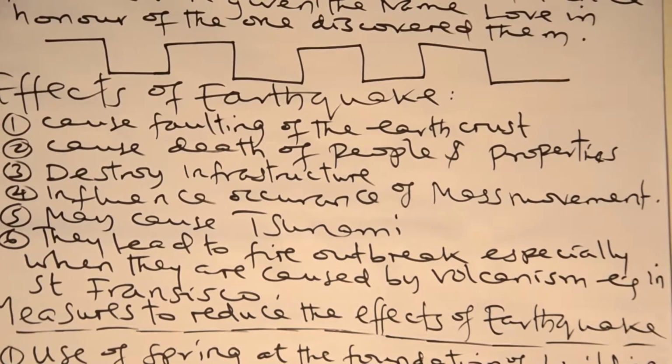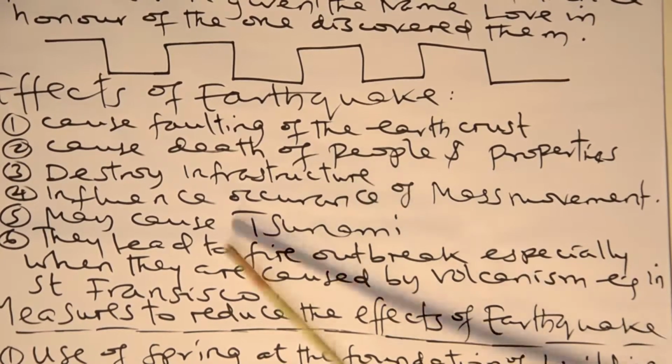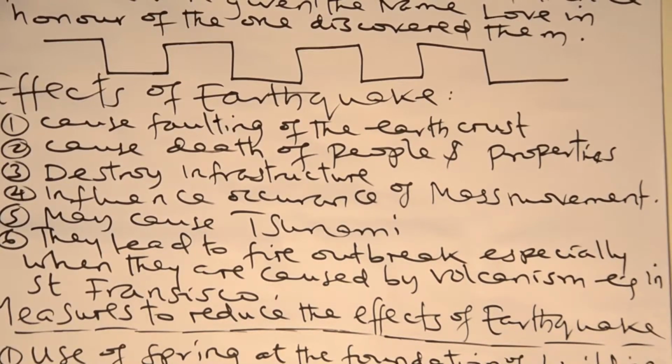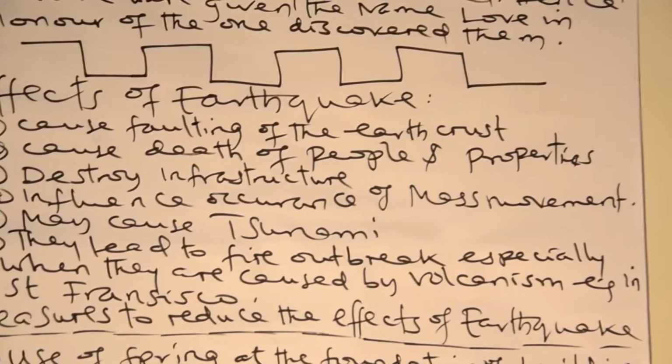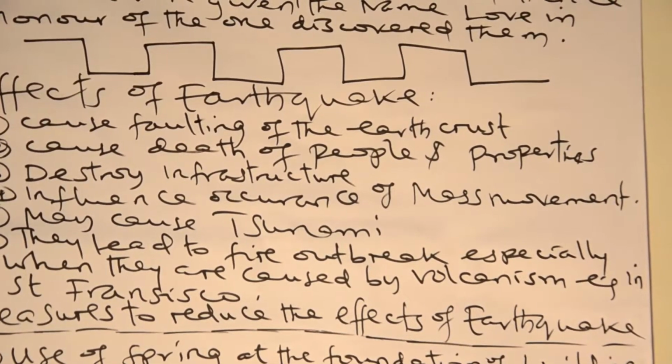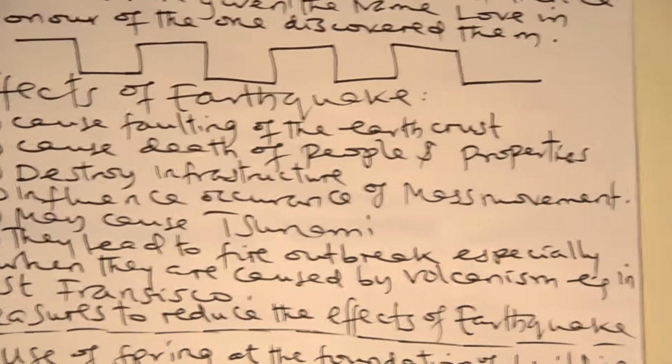Apart from that, earthquake can influence the occurrence of mass wasting. Dear students, as I told you, mass wasting, or earth movement, or mass movement, refers to the downward movement of weathered material.